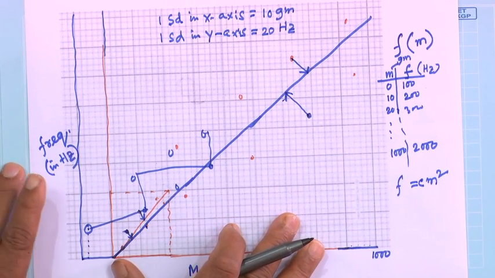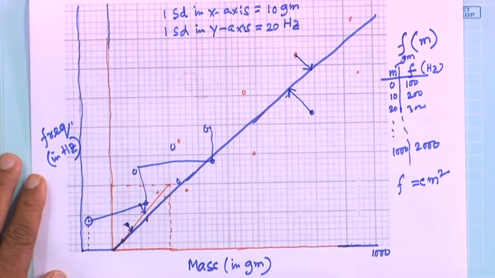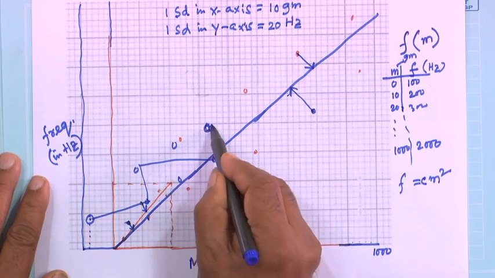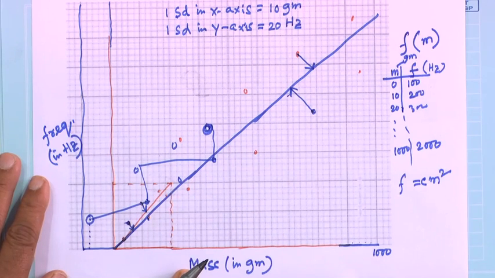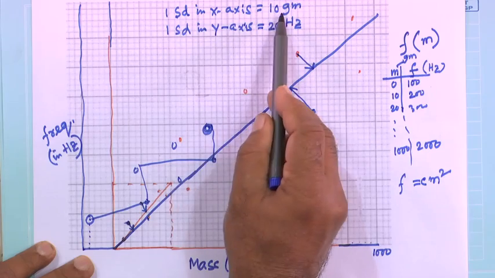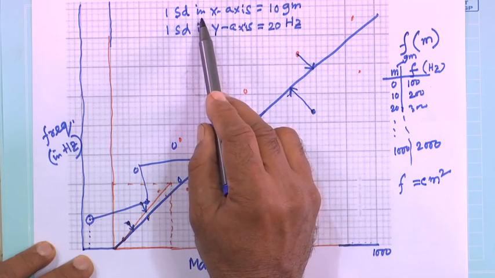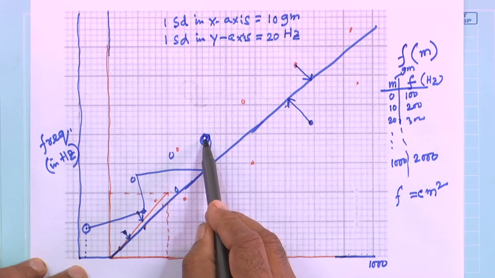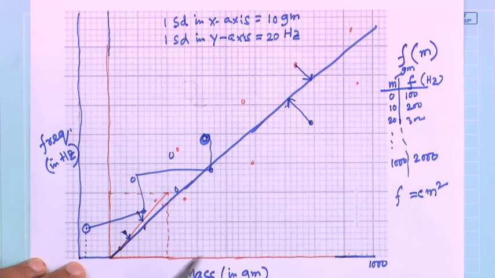If you plot this way, people will know along the x axis what the value of this point is. So, one can find out. From here you see each smallest division is 10 gram. So, how many boxes are there along the x axis?